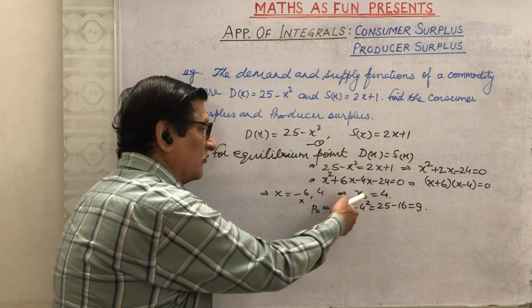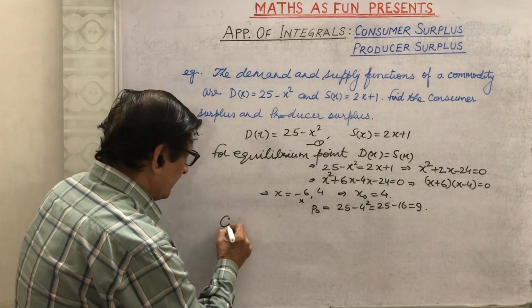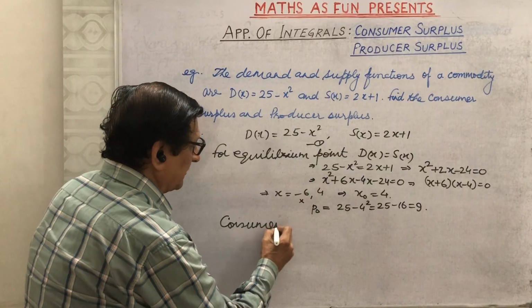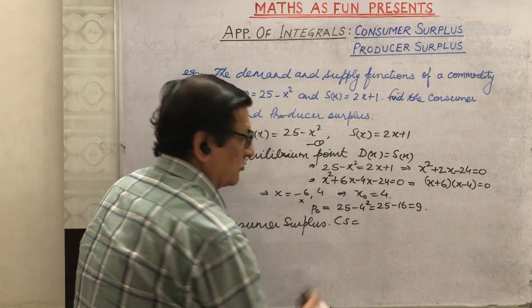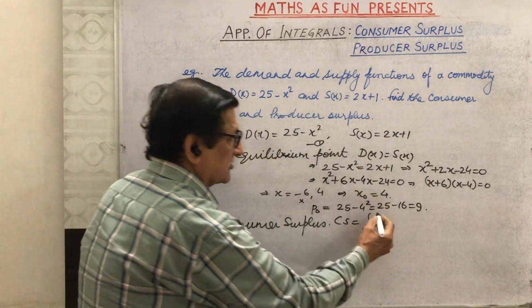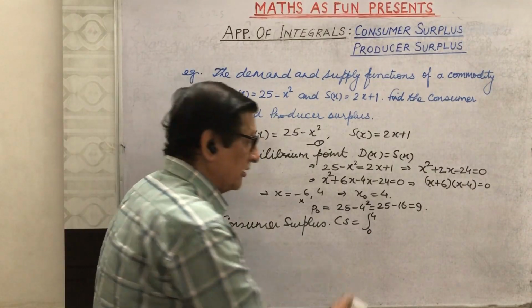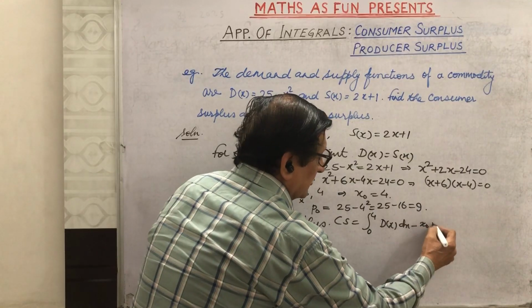After getting these values of x0 and P0, now we can find out the consumer surplus. We can write consumer surplus CS is equal to integral from 0 to x0, that is 0 to 4, d(x) into dx minus x0 into p0.